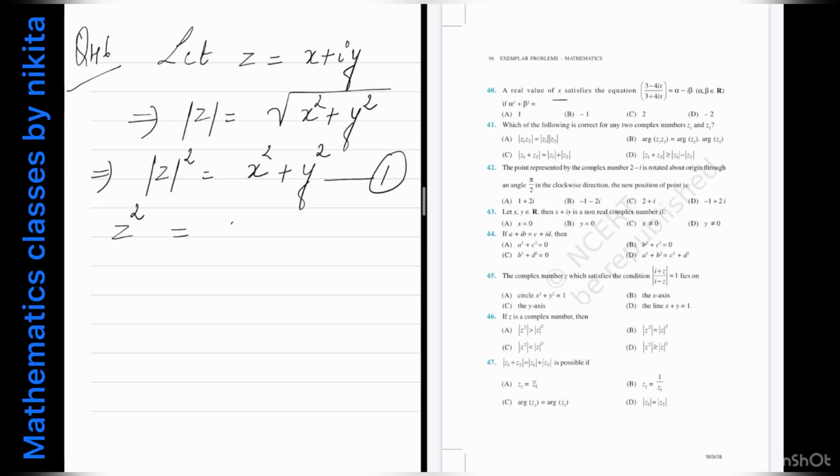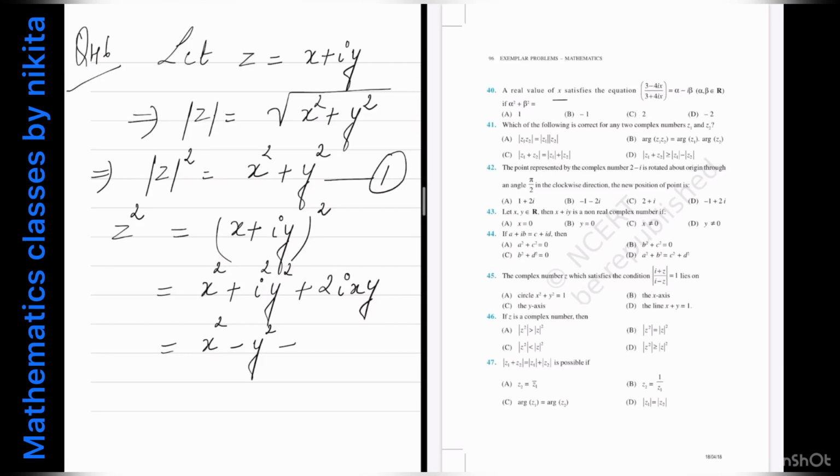Now z square is equal to (x plus iota y) whole square, which is equal to x square plus iota square y square plus 2 iota xy, and this is equal to x square minus y square plus 2 iota xy. Now let's find what is mod of z square.